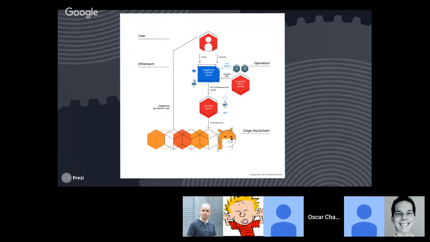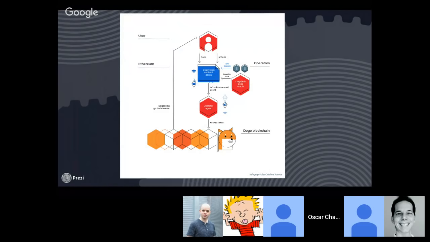So operators are responsible for storing and custodying Doges while they are locked, and also returning them to users when an unlock is requested. So when a user wants to send Dogecoin to Ethereum, the lock transaction they are sending is a Dogecoin lock transaction to an operator, one of the registered operators.